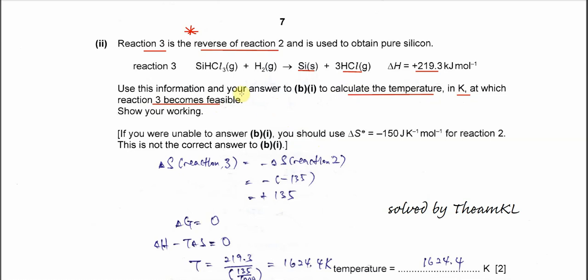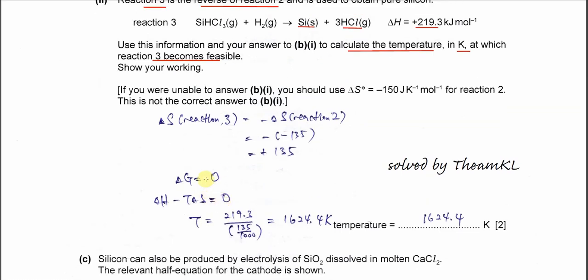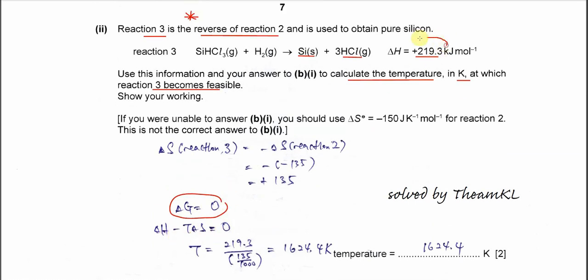So first you need to use the entropies that you obtained in part 1, because in order to calculate this temperature you need to make an assumption like this: delta G equals 0, therefore delta H minus T delta S is equal to 0. The delta H is given here, but the delta S you need to get from part 1.